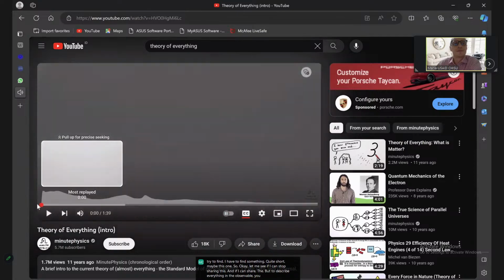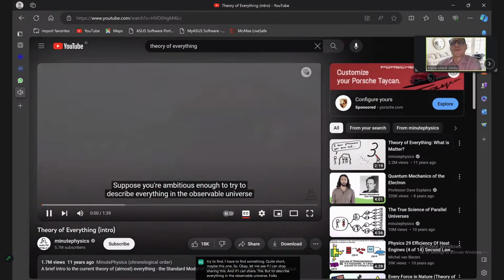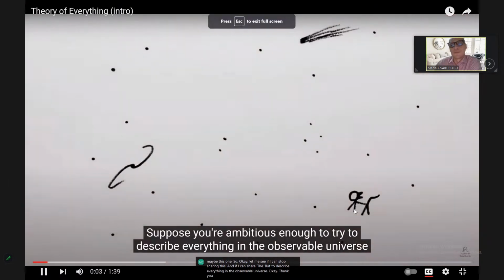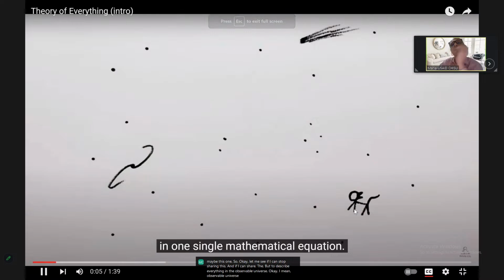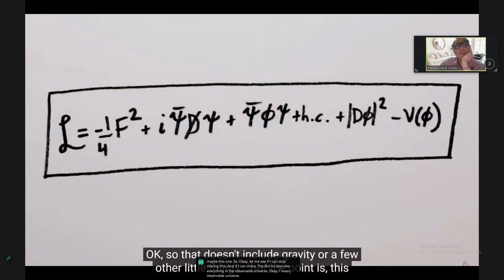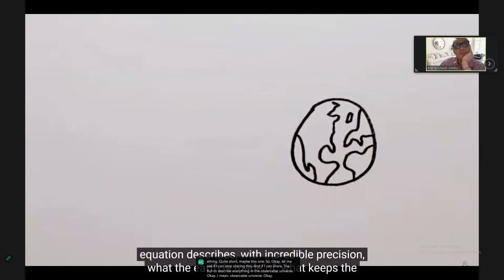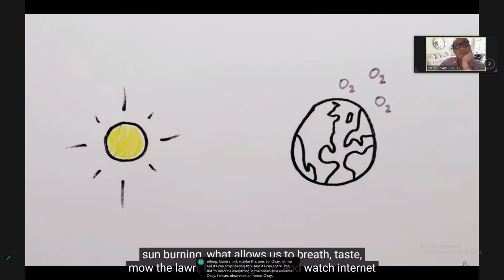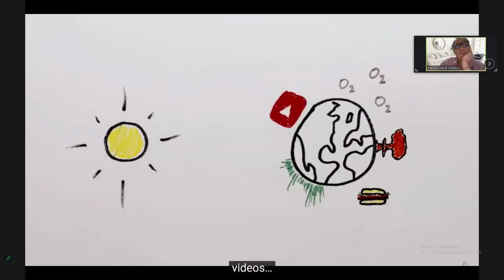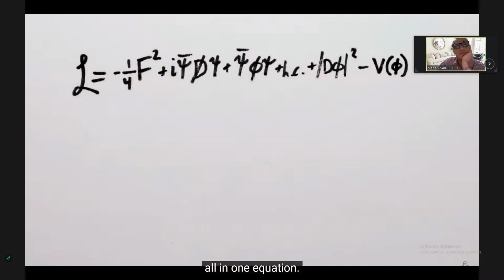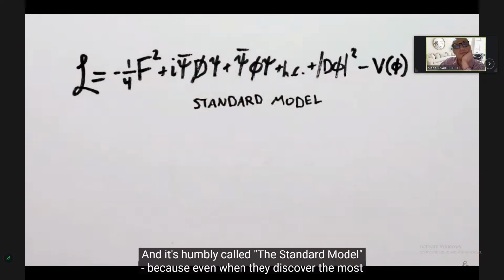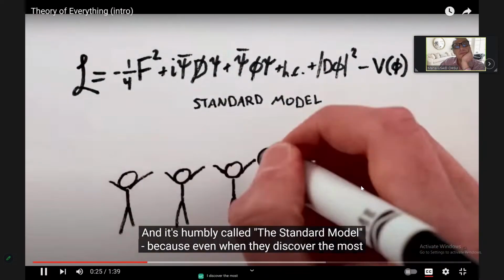Everything in the observable universe. Okay. So that doesn't discover the most accurate scientific theory known to man.